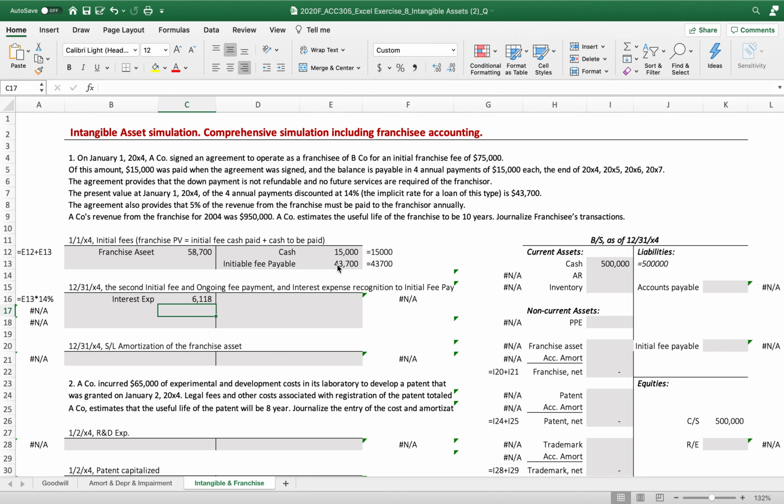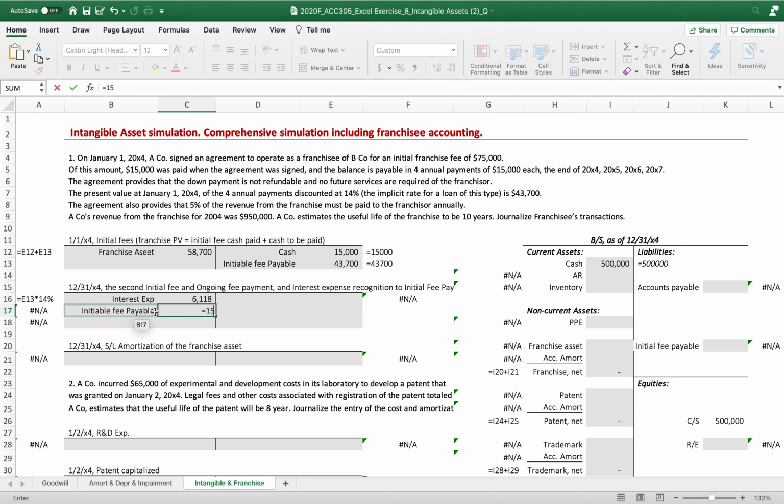So interest expense should be recognized when they pay this $15,000, and the initial fee payable should be reduced. How much? By $15,000? No, this $15,000 already includes the $1,618 interest expense.